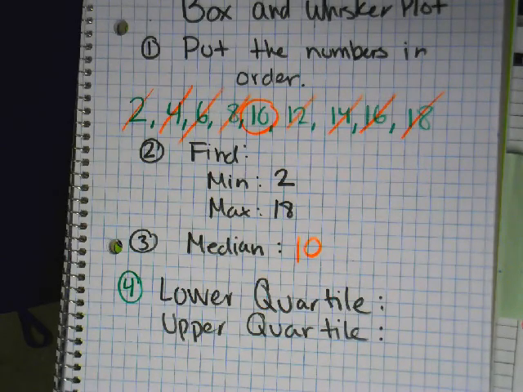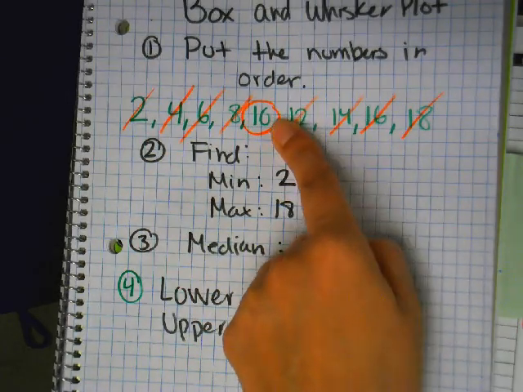The lower quartile is the median, the middle of the lower part of the numbers. So what's in the middle of the lower part? The upper quartile is what's in the middle of the upper numbers. Okay? So the 10 is your median, so I don't use it.